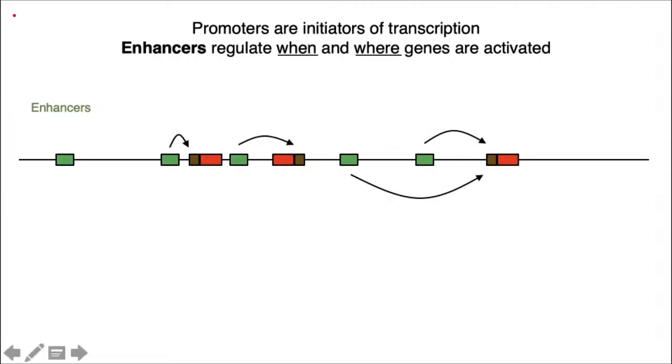So they can act in different ways. They can activate genes that are very close to them, but they can also act from long distances. And sometimes multiple enhancers can activate one gene. So it's a very, very complex relationship, really.